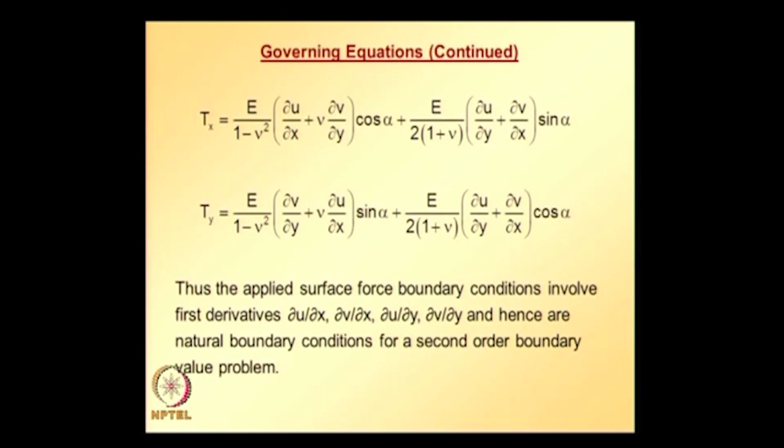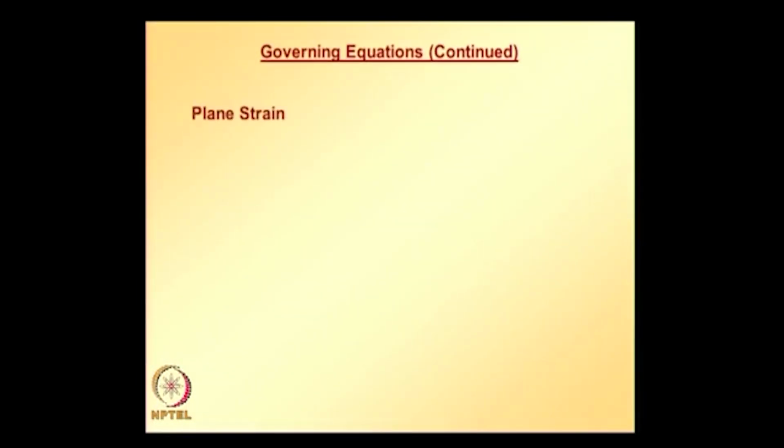So far we have looked at the plane stress case, and now let us see what plane strain is. Again, plane strain, as the name itself indicates, is self explanatory. The in-plane strain components are non-zero and the out of plane strain components are going to be 0.